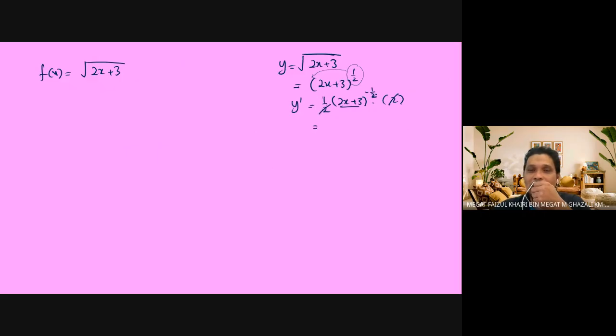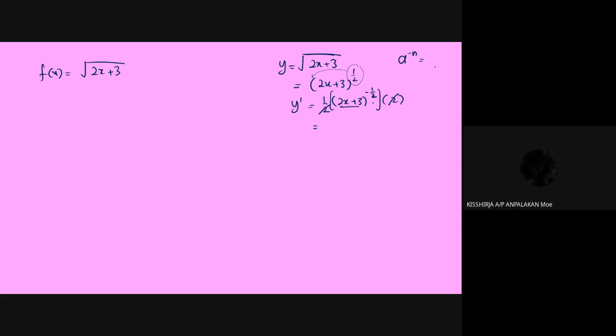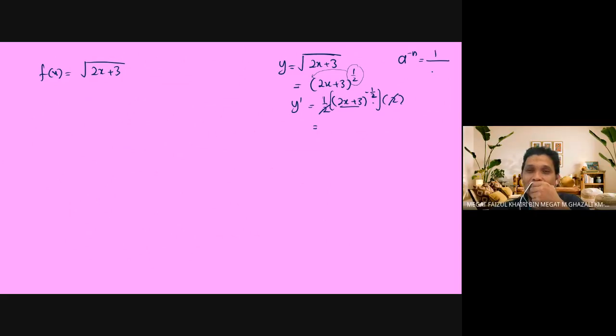So then, a to the power of negative n equals 1 over a to the power of n. So this one here is 1 over square root of 2x plus 3.